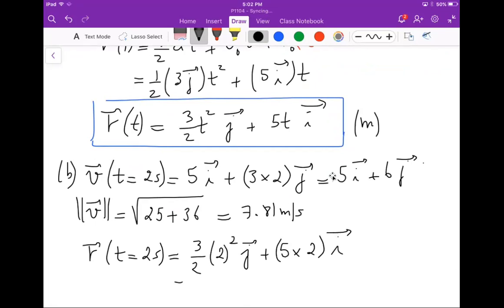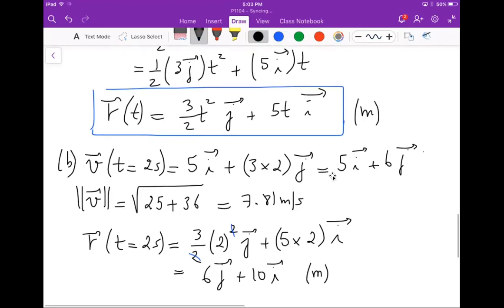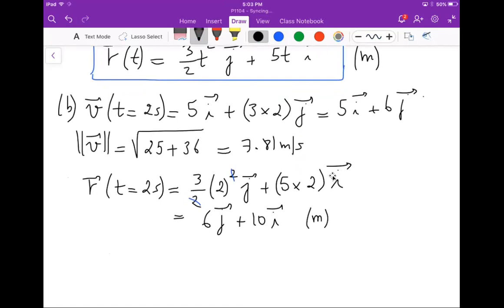And so we end up with the 2 and 2 cancelling out, so we end up with 6j plus 10i, and of course in meters. So we can deduce that this is x at time t equals 2 seconds, and this is nothing else than y at time t equals 2 seconds.